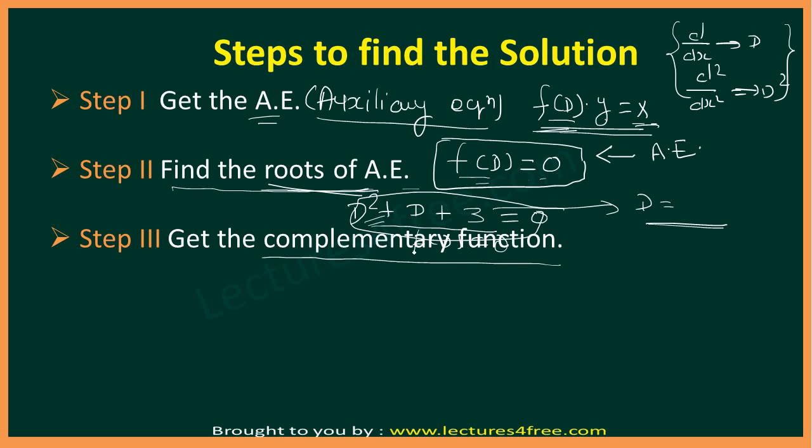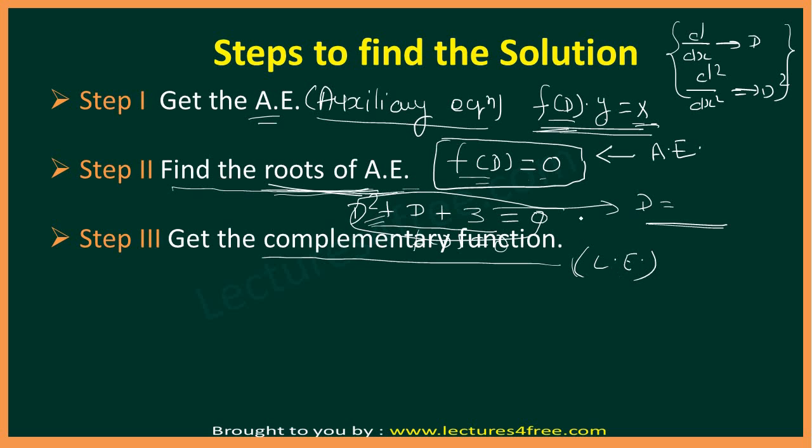How we get it from the roots, we will see in the next slide. For now just assume that we get the complementary function from the roots of the auxiliary equation. So you get the complementary function of the solution.